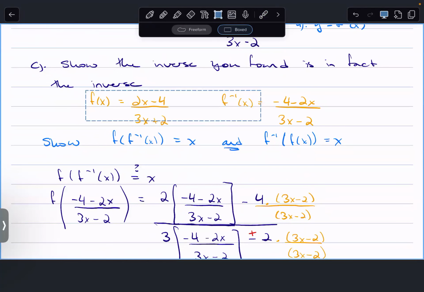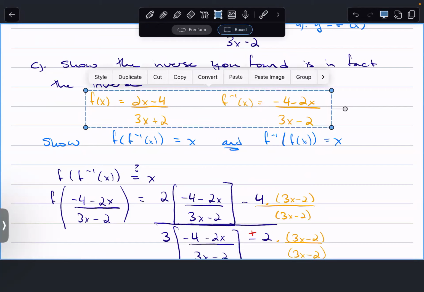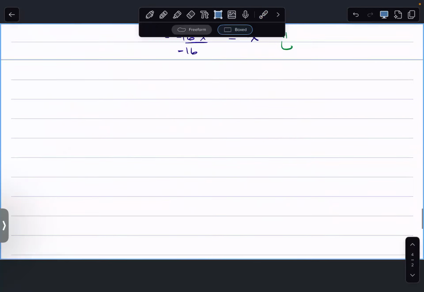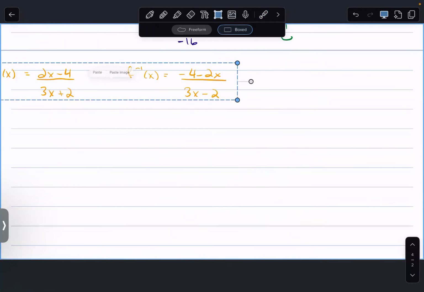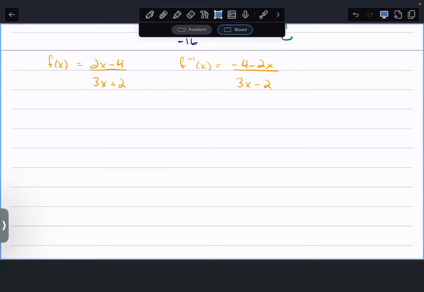And so just so I don't make the same mistake, and I might actually read it this time, and no guarantees, the inverse composed with the function is equal to x.